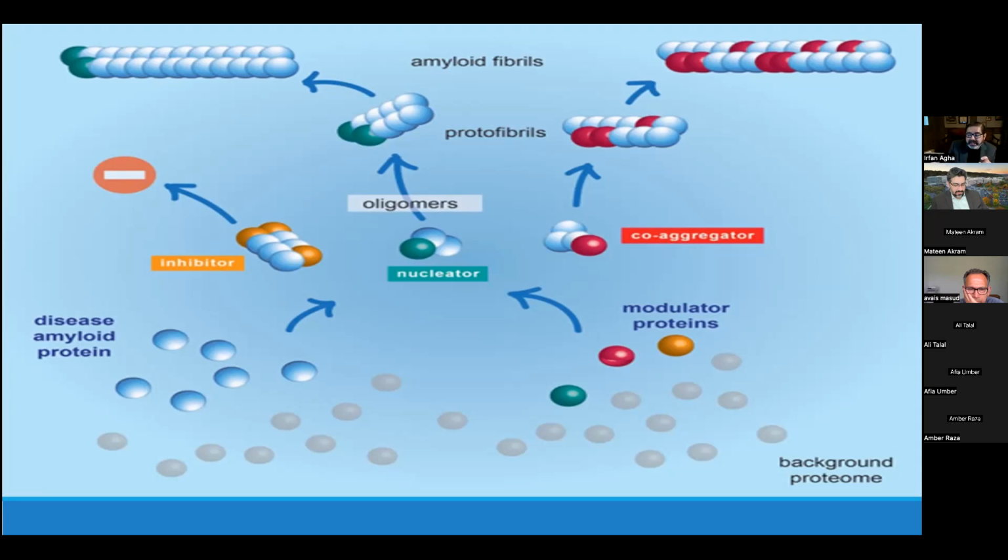If you add an adjuvant, a nucleator, then that mouse can actually develop amyloid fibrils within a few days. So these accelerators lead to development of these oligomers. These oligomers develop protofibrils, and these protofibrils then coalesce together to make amyloid fibrils.